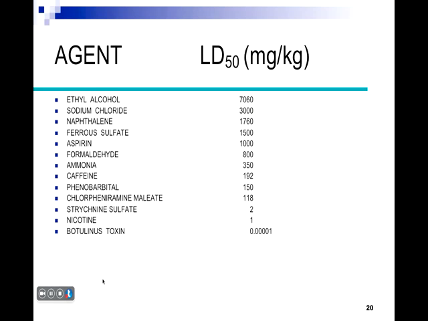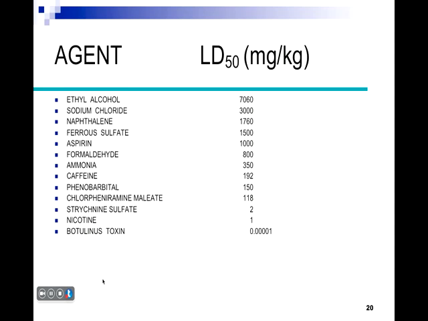And you see the differences on that. You have 4 zeros for ethyl alcohol and 1, 2, 3, 4, 5. So it's a 10 to the 9th difference in poisoning potential between the exposure to botulism and to ethyl alcohol. But both of them can get doses high enough that can become lethal.